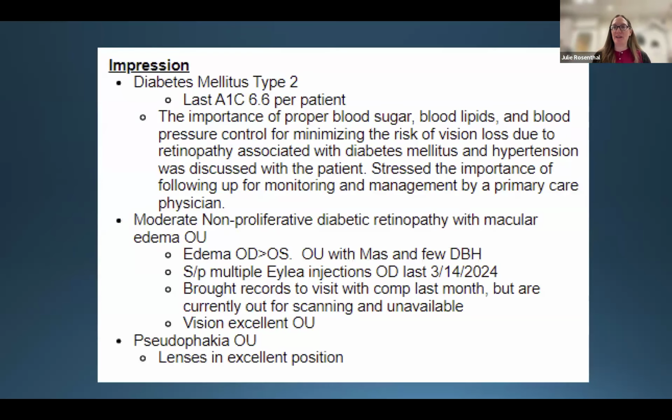So here's a snippet of one of my notes, and please don't be too hard on me. What's important is the second big bullet, where we grade what type of retinopathy our patients have. So this patient has moderate non-proliferative diabetic retinopathy with macular edema OU.